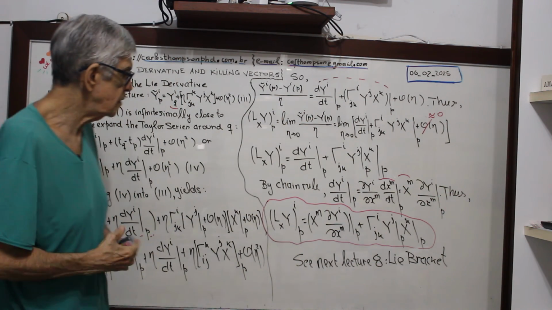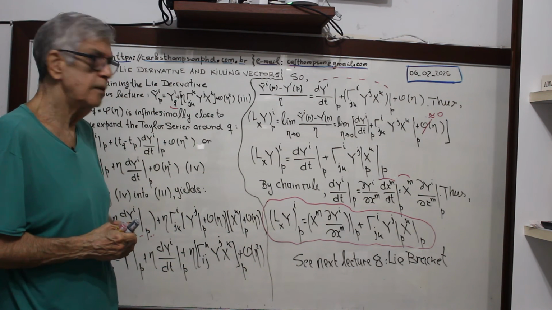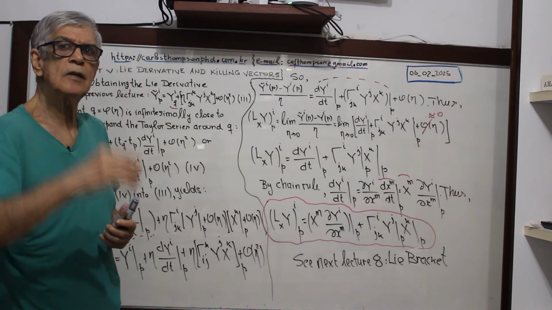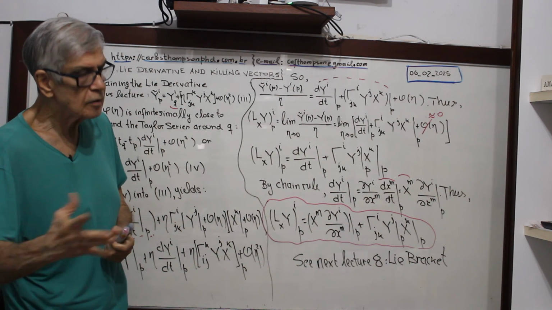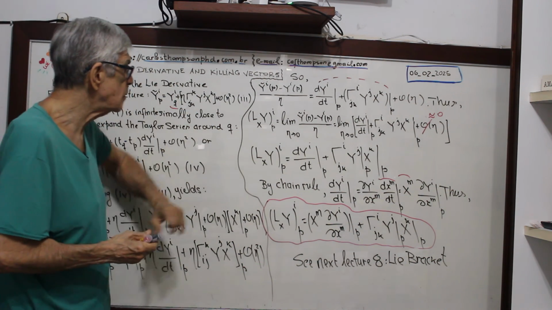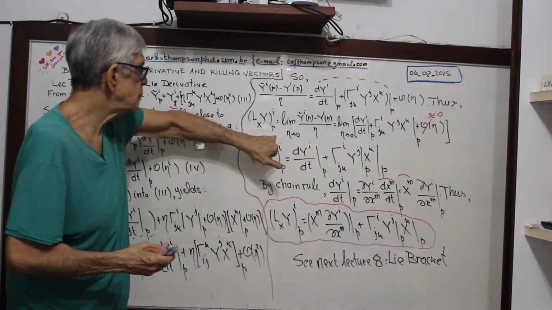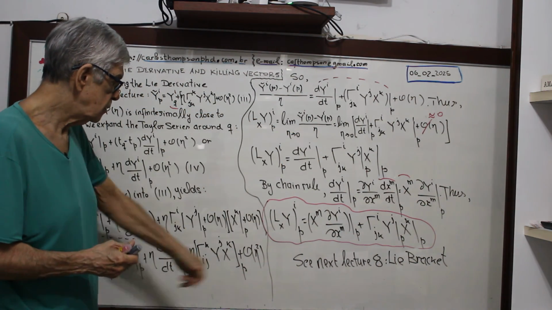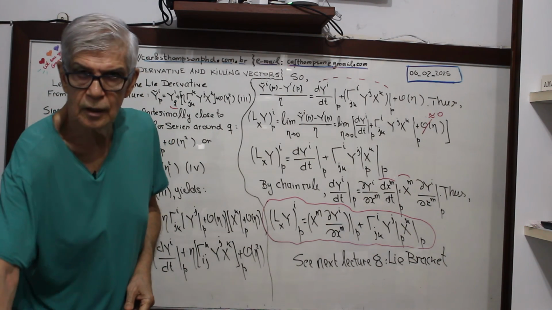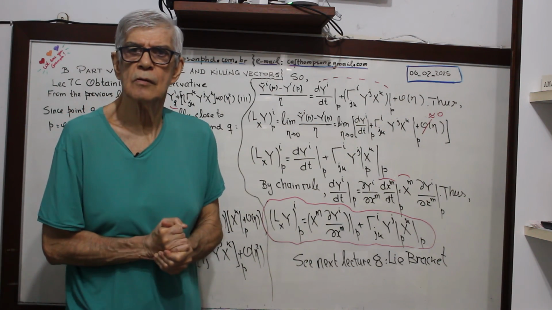Some authors write the definition of the Lie derivative just using the Lie bracket, which is not correct. The Lie bracket comes from this term over here. That's it. I'll see you in the next lecture 8: the Lie derivative expressed in terms of the Lie bracket.